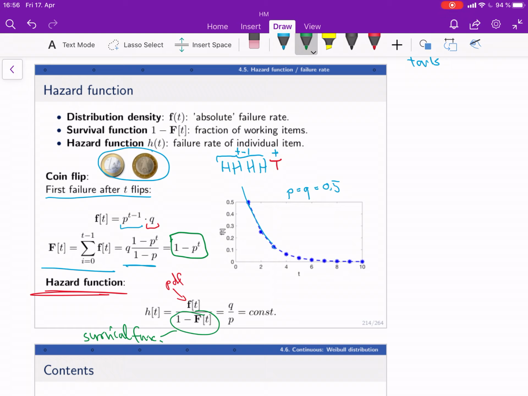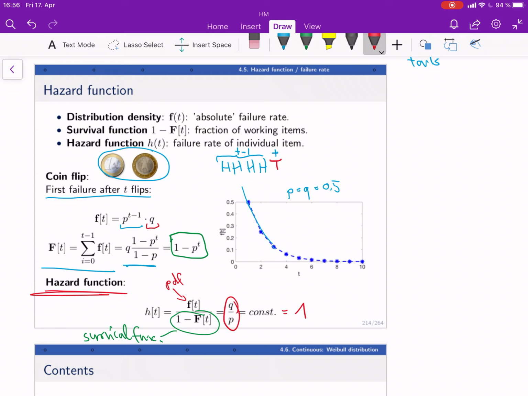And the survival function is 1 minus F, so that's just P to the T, and f we take from above, and all that's left when we simplify the whole thing is Q over P, which is constant, in this example 50%, equal to 1. So constant hazard equals 1, and that's exactly how we designed the whole thing, because we always get 50% chance. It doesn't get more dangerous or less dangerous over time.